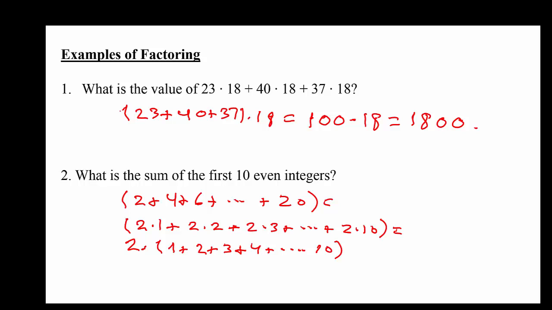Now I can use Gauss's trick here, so we know that it's n times n plus 1 over 2. But remember, if I ever forget that formula, no big deal, because I know Gauss's trick. I'll just write it out, all the way to 10, then I'll do it backwards.